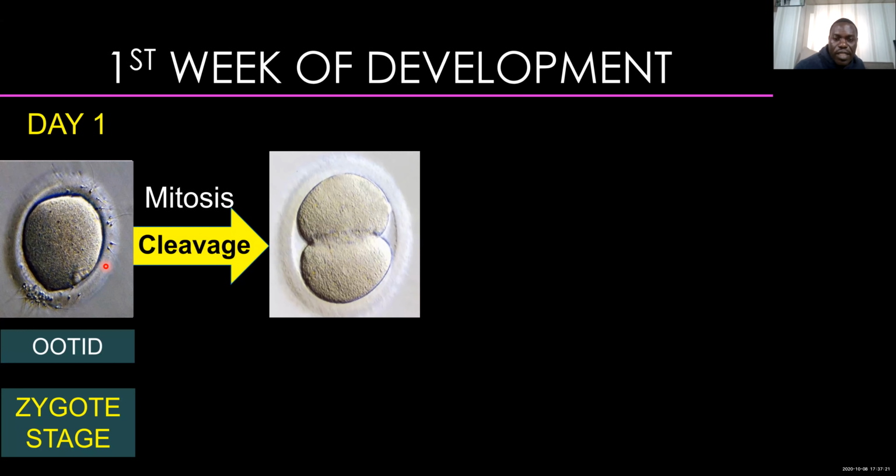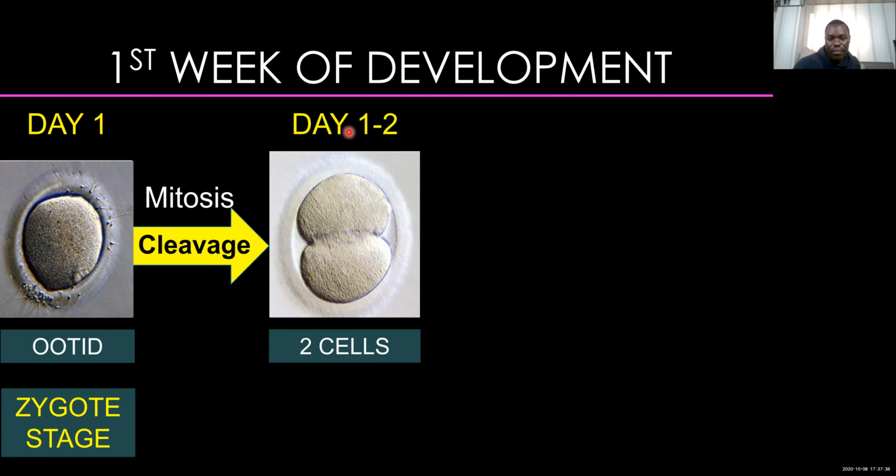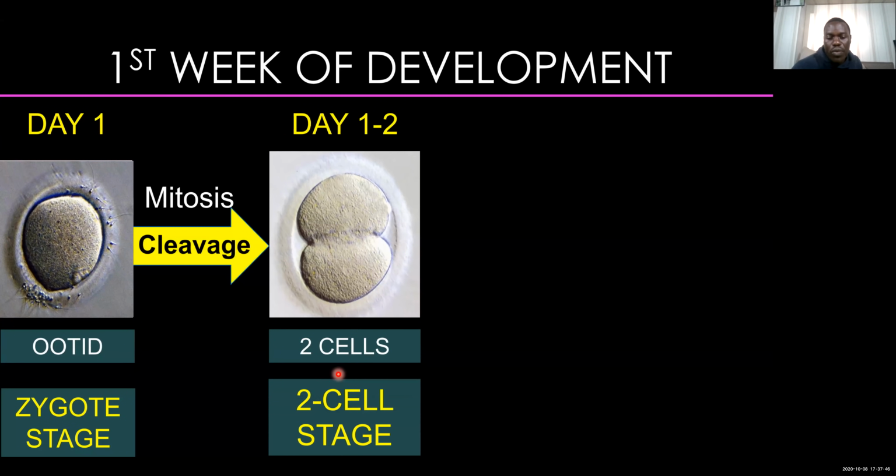These two daughter cells are still enclosed within the zona pellucida. They are usually seen either within the same day or the following day. We call this stage of development the two-cell stage.